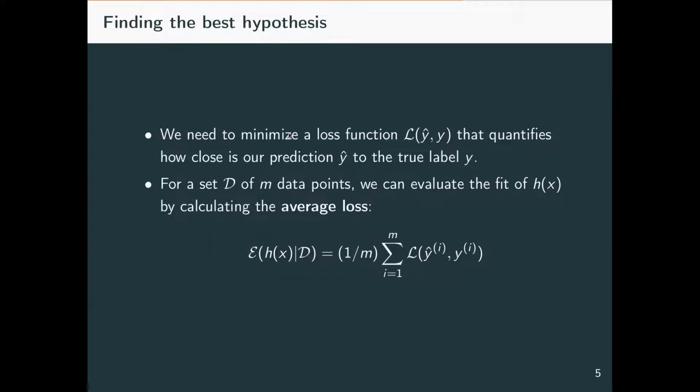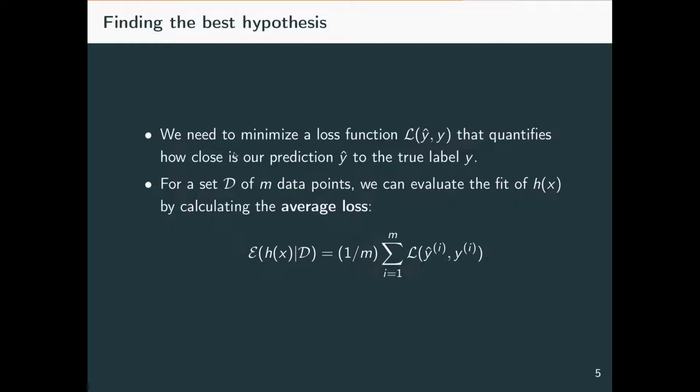So how can we find the best hypothesis? That's where loss functions come in, and we want to minimize the loss function, the difference between the real label y and the predicted label y hat.